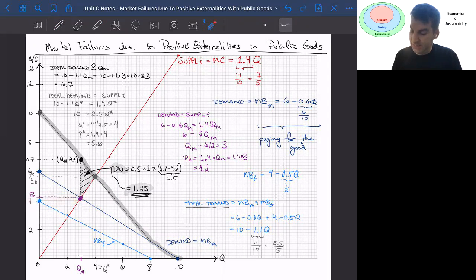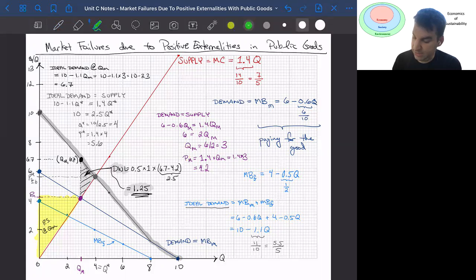And so we can see that at the market equilibrium, the producer surplus is this triangle down here. And so I guess I can write that in, that this here is the producer surplus at the market equilibrium. And the triangle up here, no, I'm sorry, not triangle, the trapezoid up here.